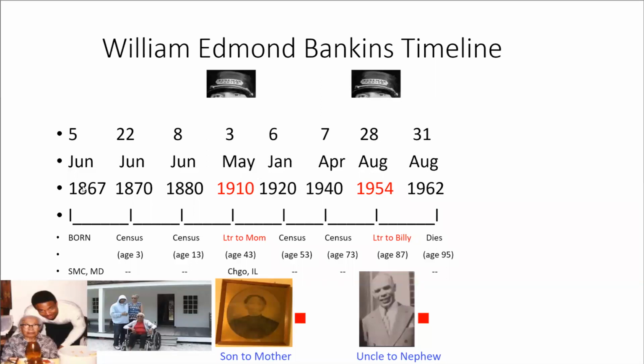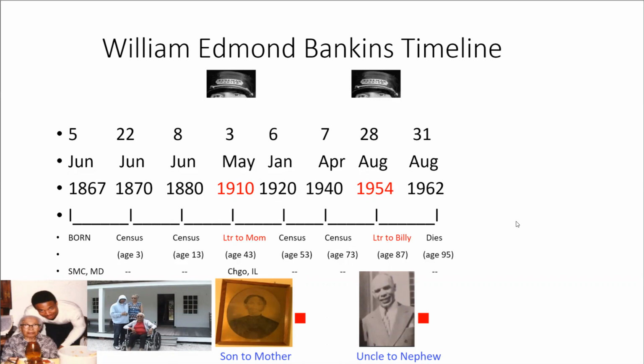He packed up and joined the railroads, decided to go out to see the rest of the country. And it was from his location in Chicago where he landed, where he wrote this letter to his mother in 1910. The 1954 letter that he wrote at the age of 87, almost near the end of his death, was also written from Chicago as well. So this is the timeline of Edmund Bankins.